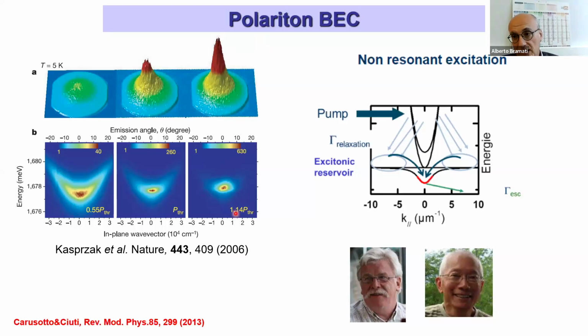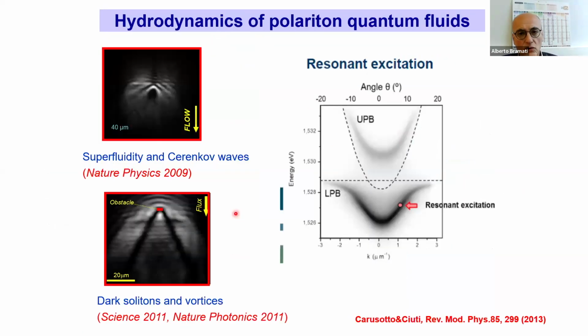So this is a non-resonant excitation, which is very interesting to study the appearance of this Bose-Einstein condensation. There is also another kind of excitation that allows us to create polaritons, the so-called resonant excitation.